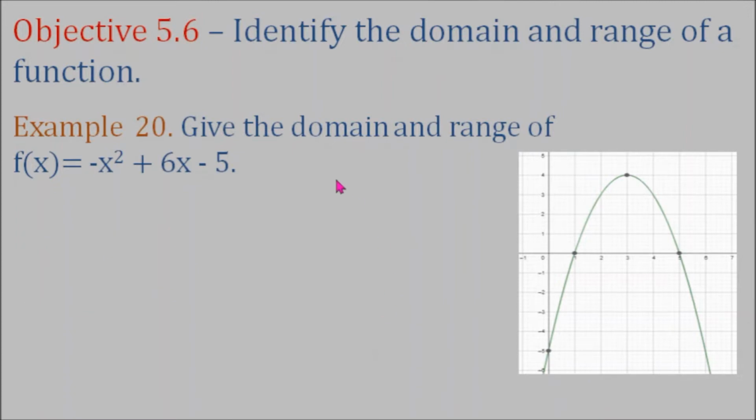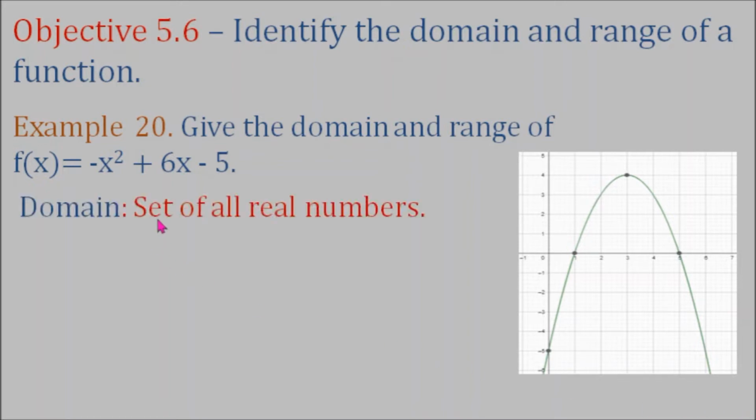Example number 20. Give the domain and range of f of x equals negative x squared plus 6x minus 5. This graph extends infinitely to the left and infinitely to the right, so our domain is the set of all real numbers. Now to find the range, we are going to find first the vertex, especially if we don't have the graph.